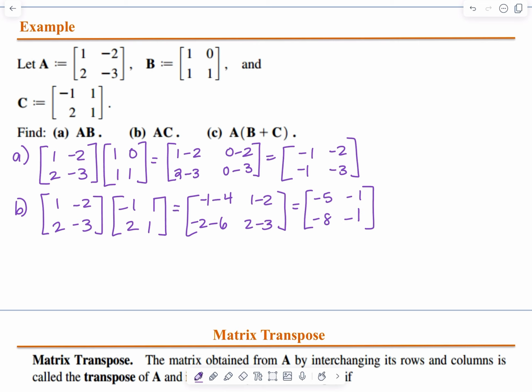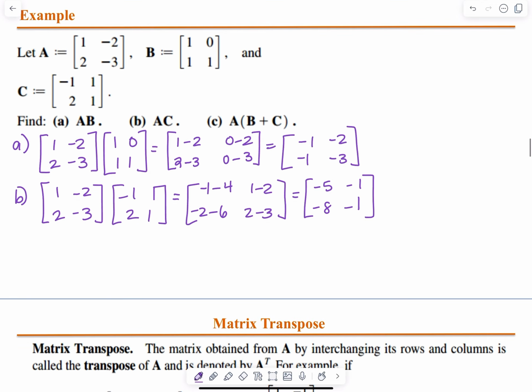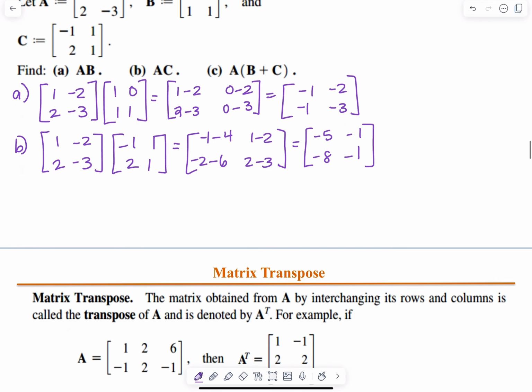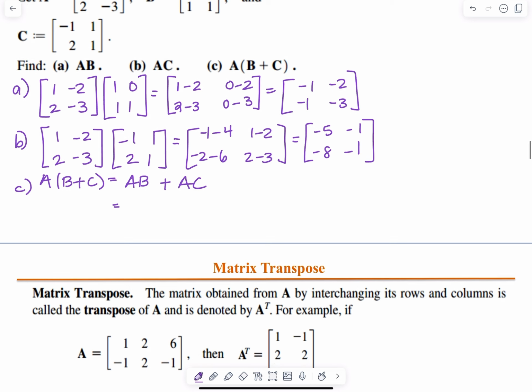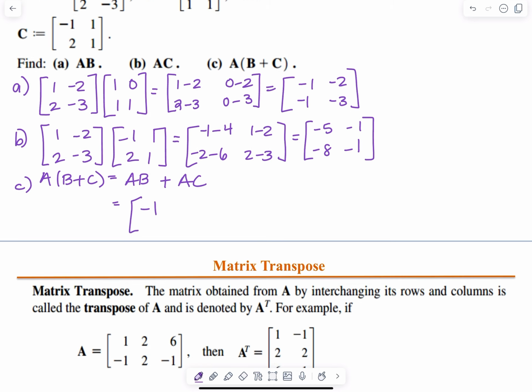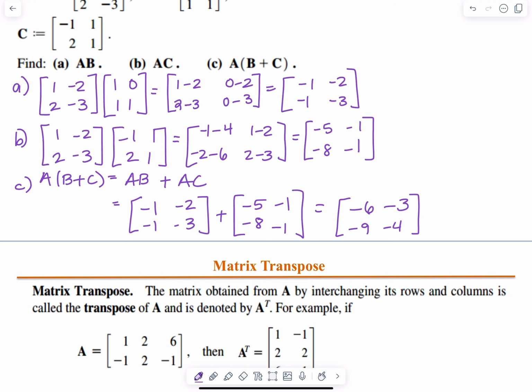Now, by the distributive property, we do have for part C that A multiplied by B plus C is equal to AB plus AC. And we just found AB and AC. So we will just add corresponding elements. And we end up with this matrix.